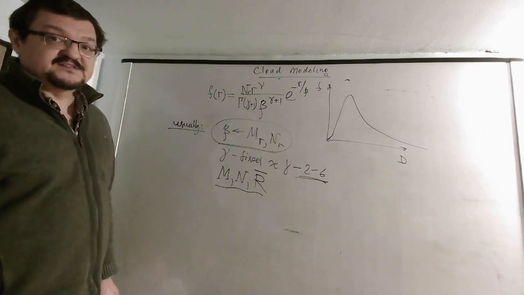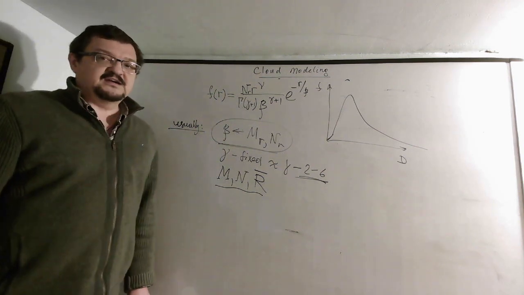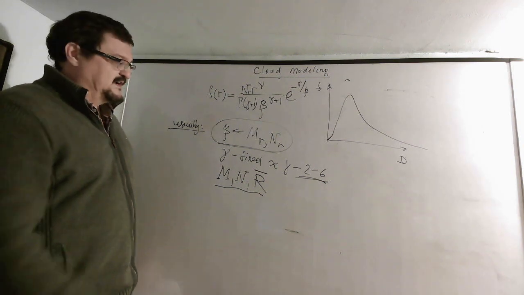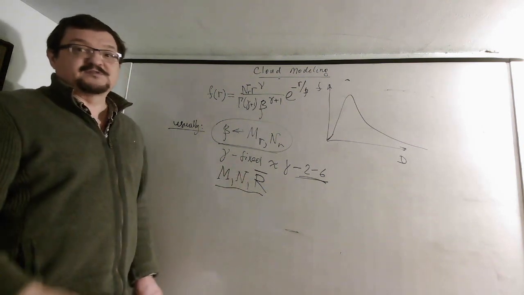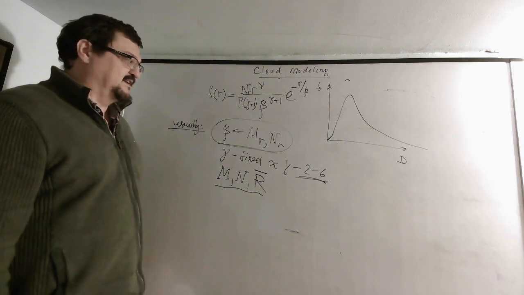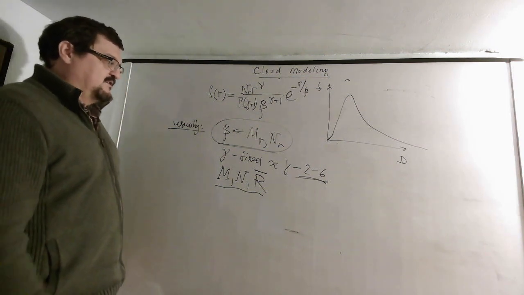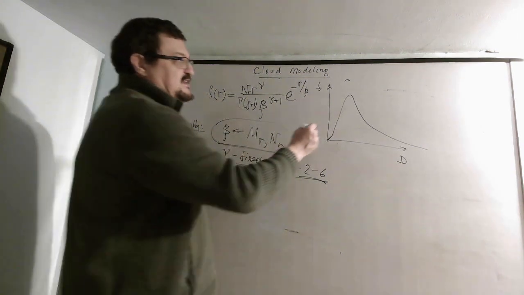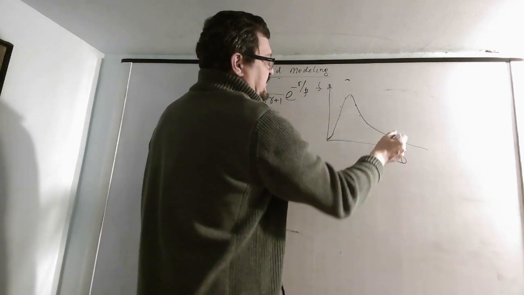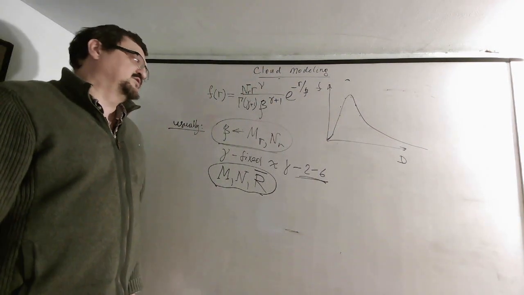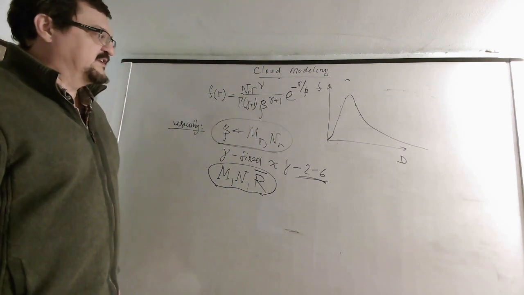And it surprisingly produced results very close to the prediction of much more sophisticated bin microphysics. So just using 3 variables instead of hundreds of variables, it produced virtually identical, very similar results. That's because for this case, gamma distribution closely approximates the observed distribution of cloud particles in certain types of clouds.